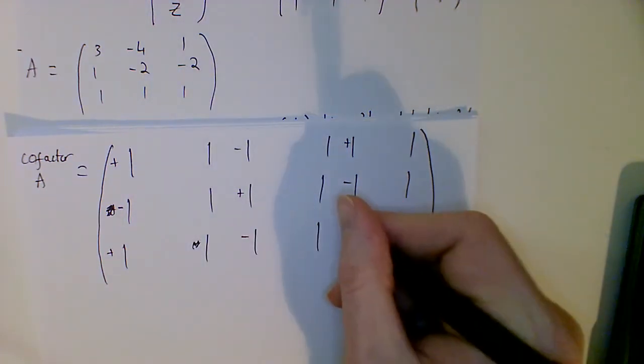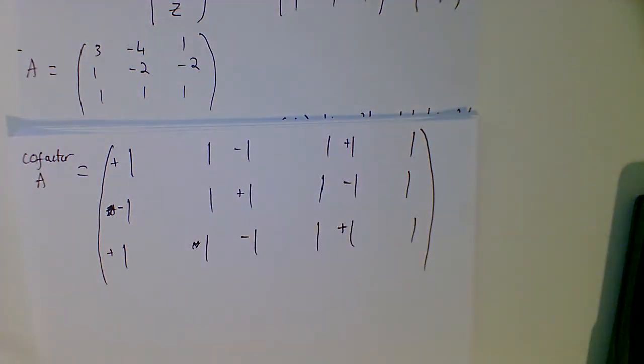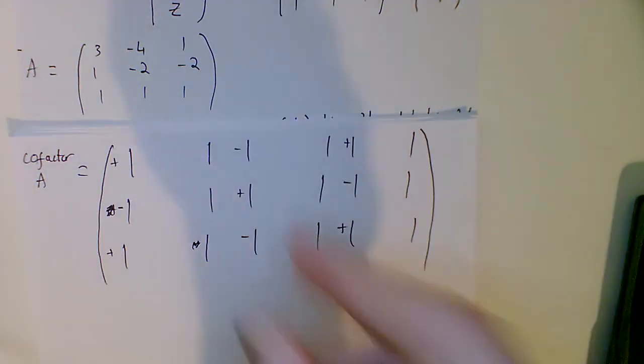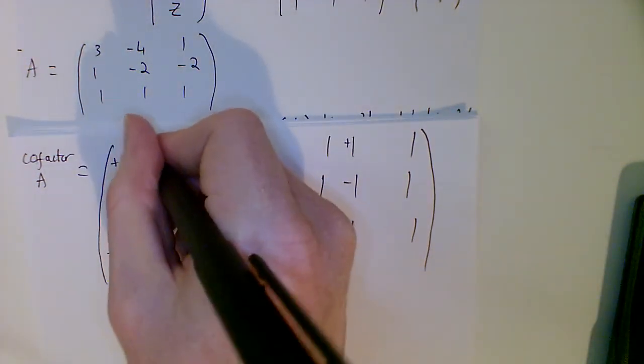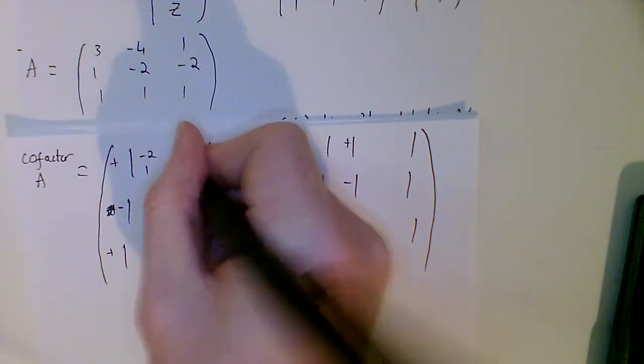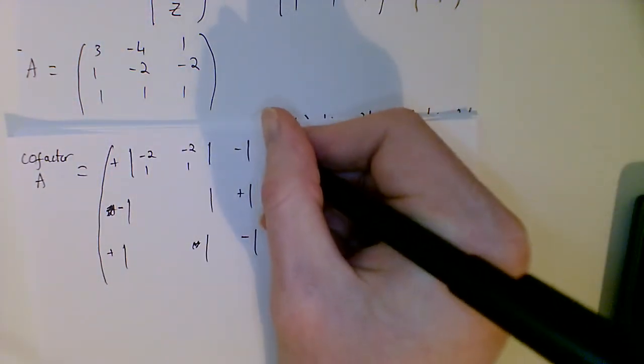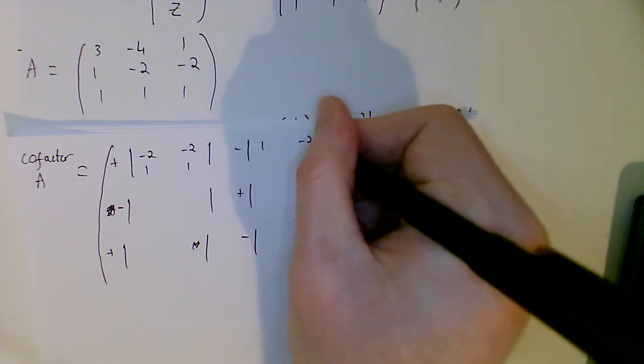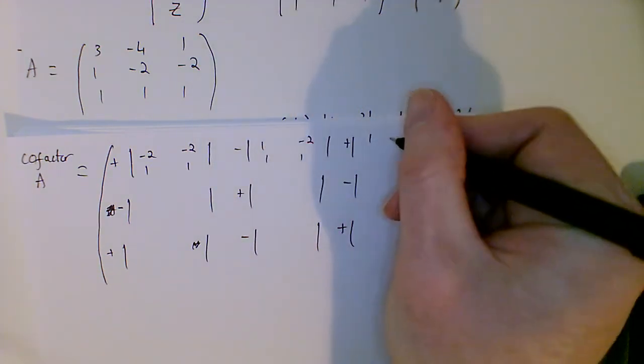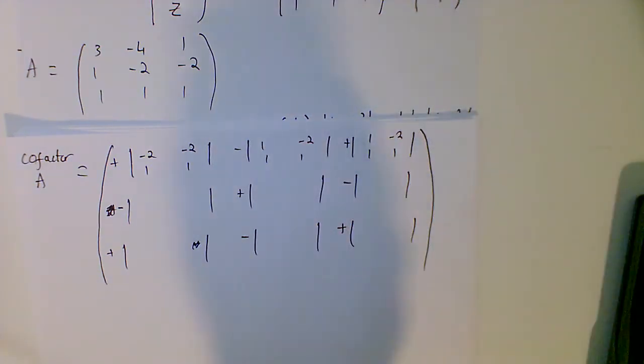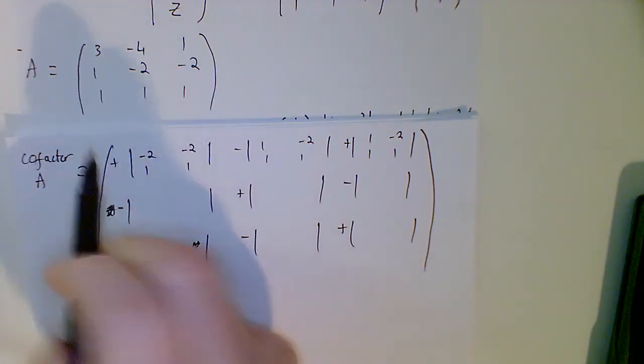Doing that. Right. And then we're just putting our minor matrices in. Right, so from here. So that there is -2, -2, 1, 1. 1, -2, 1, 1, and then 1, -2, 1, 1. Then here, not in this row, not in that column.